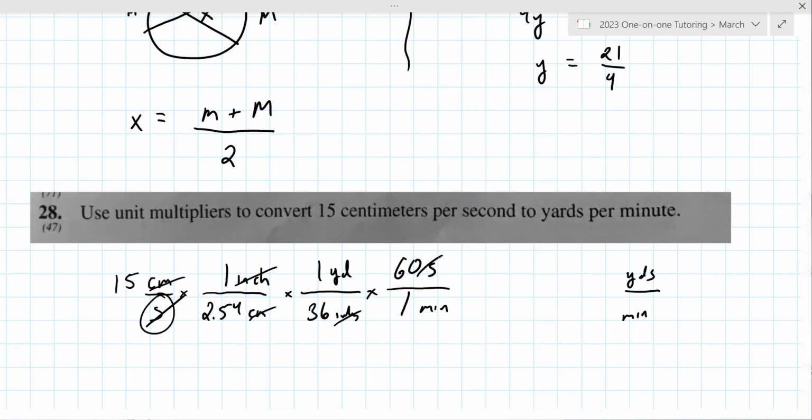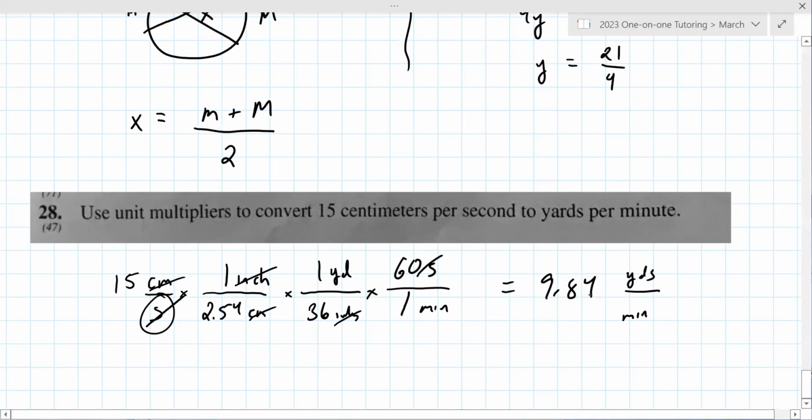Yes. 9.84 yards per minute. Almost there. Yes, that sounds right. So 9.84 yards per minute.